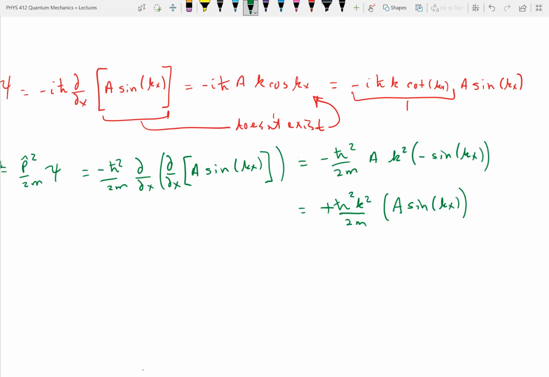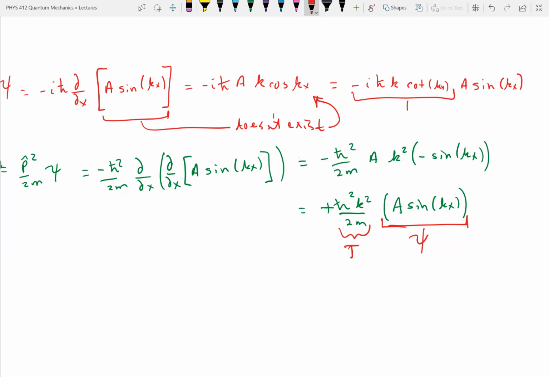And now we look at this and we say, aha, we are back to having psi. And so that means this here must be our kinetic energy. So in this case, we got back psi, which means that we're able to get our kinetic energy.